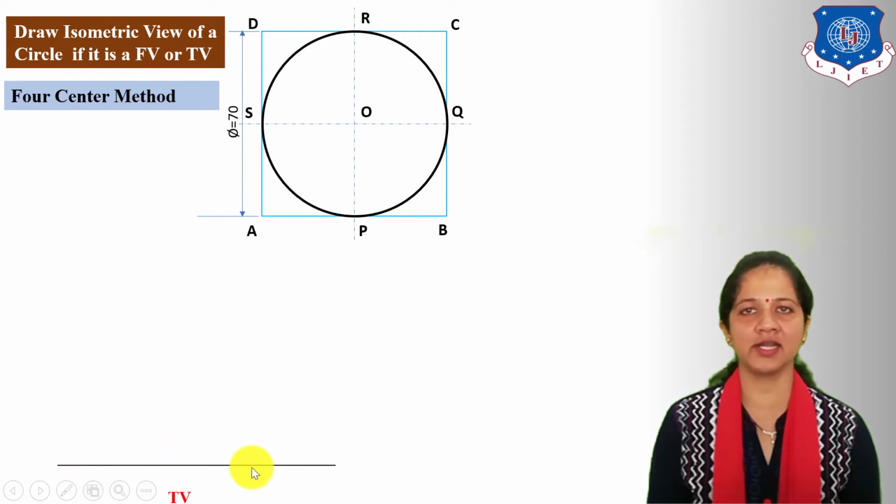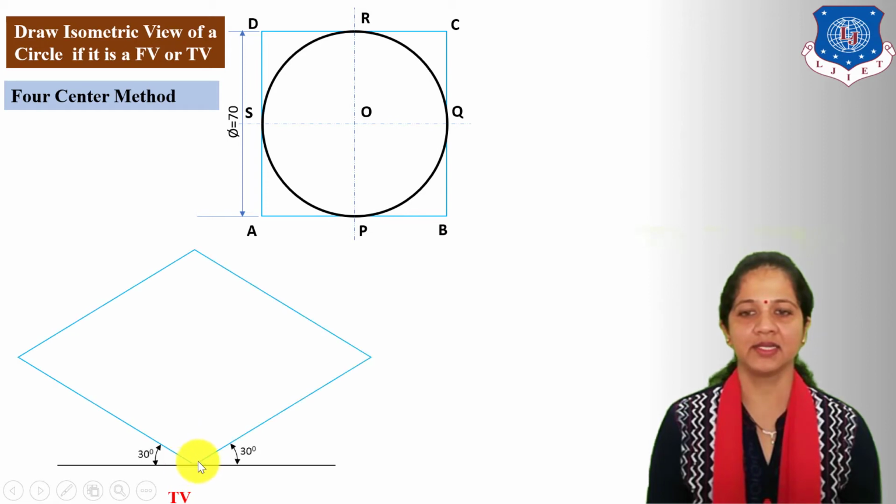First, draw a horizontal reference line. From the horizontal reference line, draw the top face. The angle of this line from the horizontal reference is 30 degrees, which indicates length, and take the maximum length equal to the diameter of the given circle.